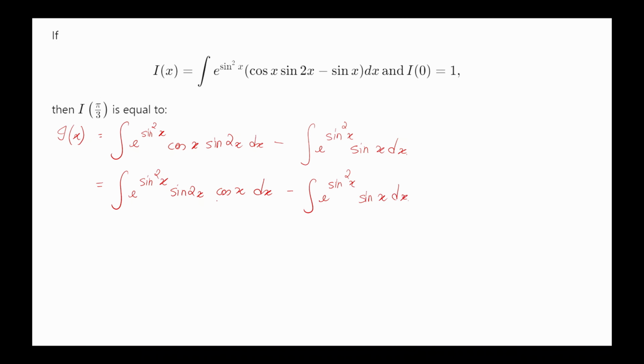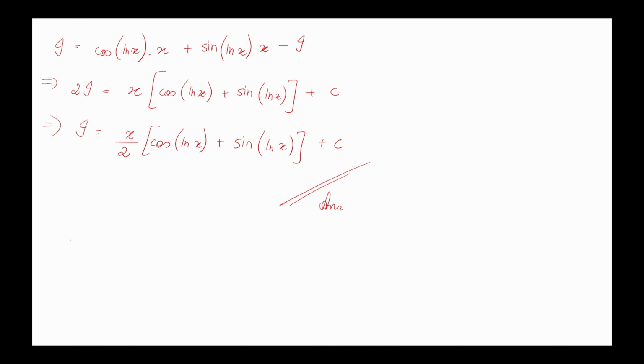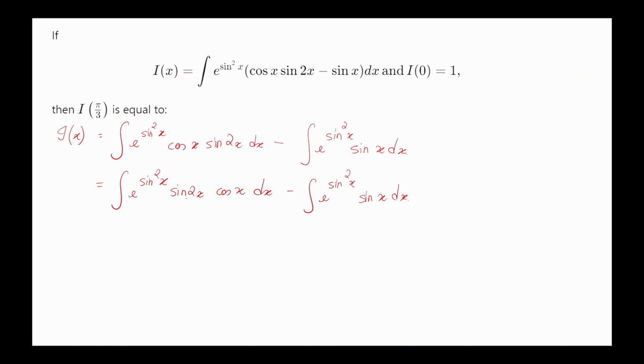Now here you can see that I can again apply my by parts in the first term. Now what am I going to choose as my first function? Of course, if we look back, I had a trigonometric function above exponential function, right? So now I'm considering this sine 2x to be a part of this exponential function only because its differentiation is below, right?